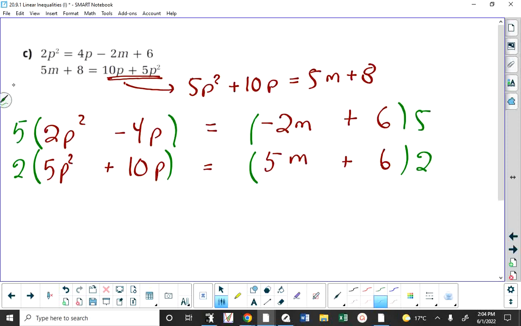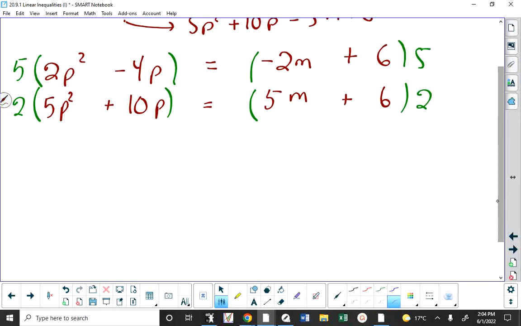And I would like to have enough room where I could just do that left to right, but there's too much. So equation 1 becomes 10p squared minus 20p is equal to negative 10m plus 30. And I will double check all my multiplications in a second.